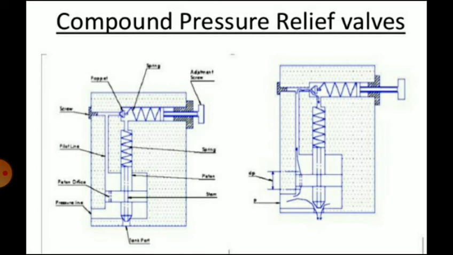The inlet pressure is applied to the lower end of the main valve, and the same is applied to the cone of the pilot valve through an orifice. The orifice can either be located in the spool or housing. When the fluid flows through an orifice, its pressure drops due to internal resistance to flow.